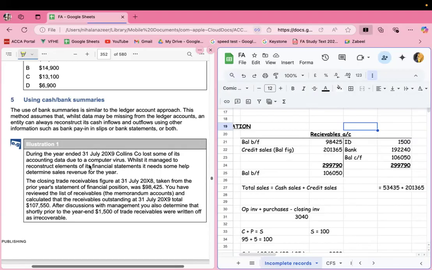Whilst it managed to reconstruct elements of its FS, it needs some help to determine sales revenue for the year. So there is no sales record, right?